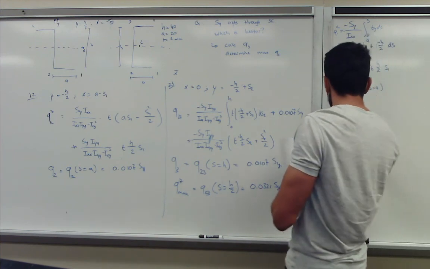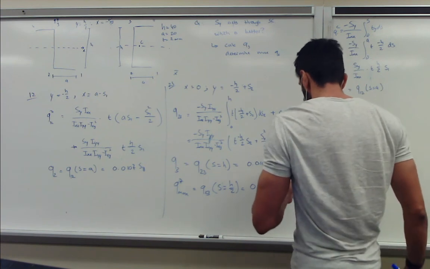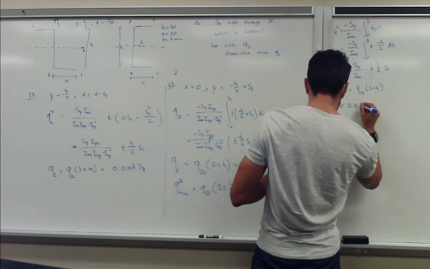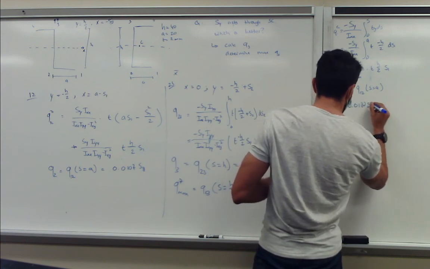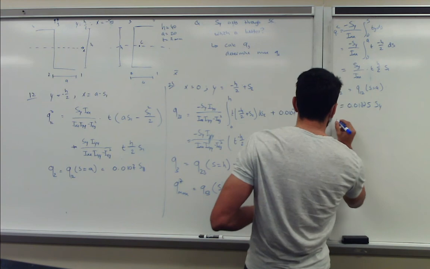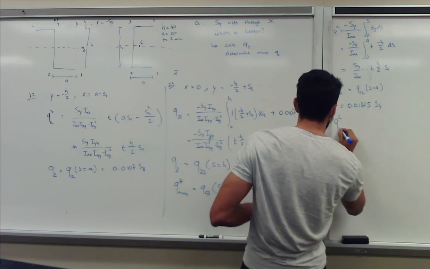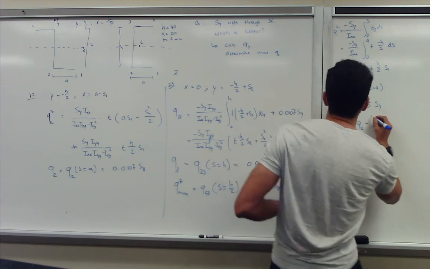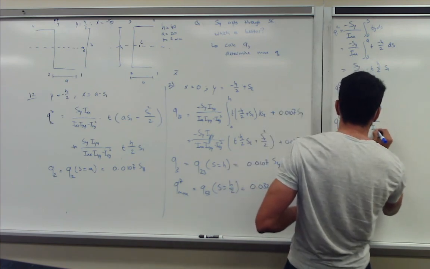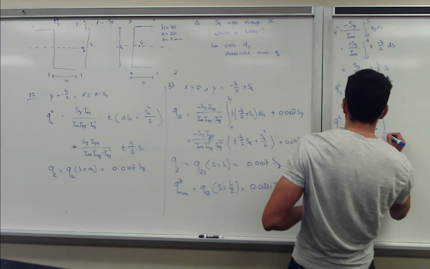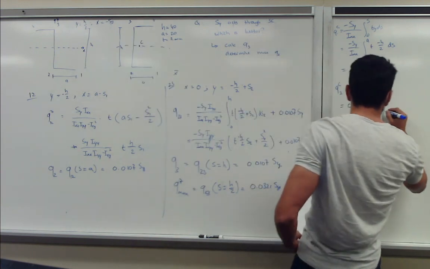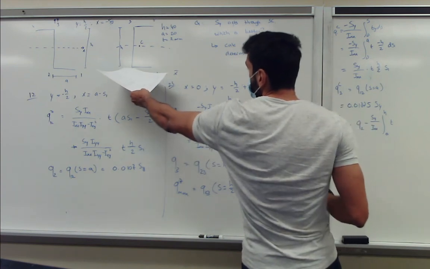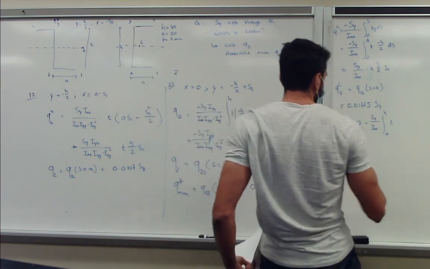And if we do that correctly, we get 0.01875 SY. Then QC 23, we get Q2, minus SY over IXX, then 0 to H, that's our bound, T, and then Y varies from minus H over 2 to H over 2.